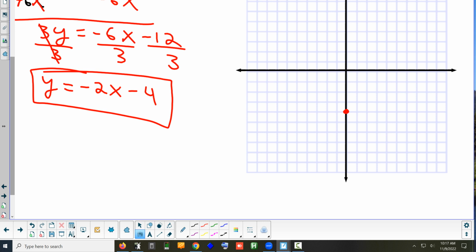All right. And Nia, what does step 3 say? So that was step 2. We got the y-intercept. Right, we have to find another point on the line, and what are we going to use to do that?